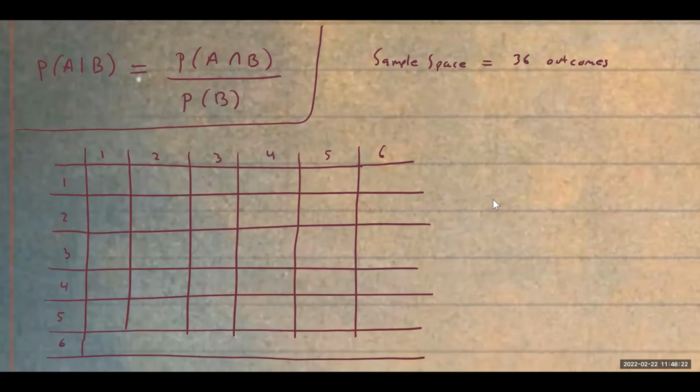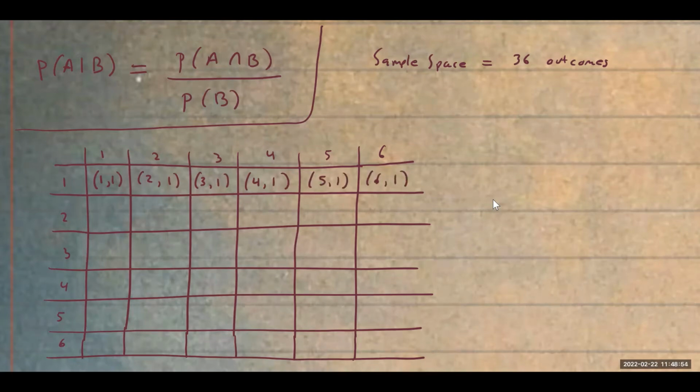So I list the outcomes this way. Now I'm going to pair each outcome in the following way. Let's suppose on the first die you get a 1 and on the second die you also get a 1. Then first die 2, second die 1; 3 and 1; 4 and 1; 5 and 1; 6 and 1.